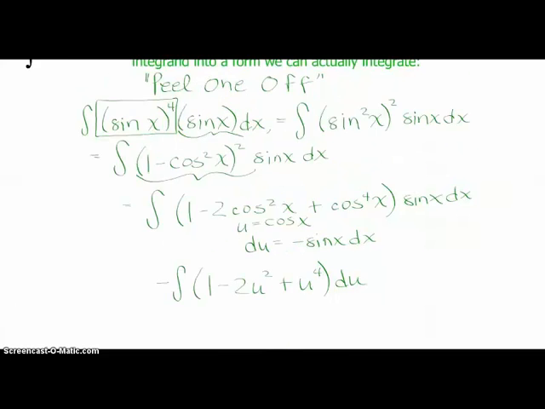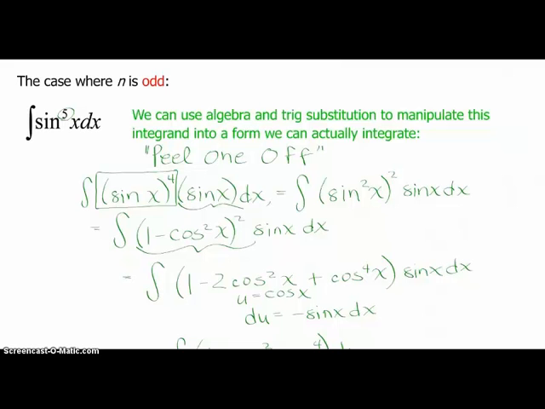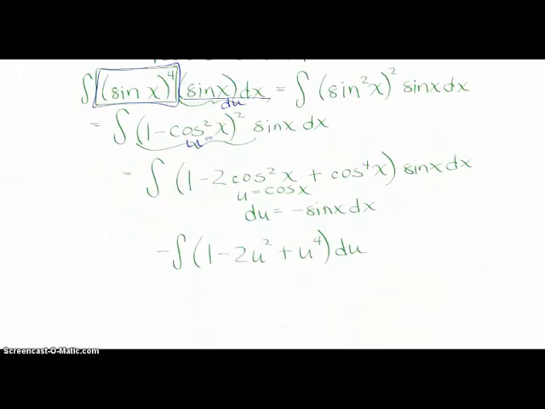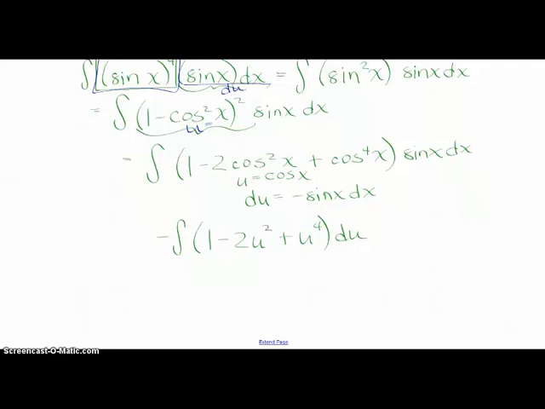I'm forcing one of those sines to be du, and I'm going to use trig substitution to make the rest of it in terms of the antiderivative so that I have a u that goes along with that du. So it's peeling one off and using the Pythagorean identity to turn the rest of it into the other function.